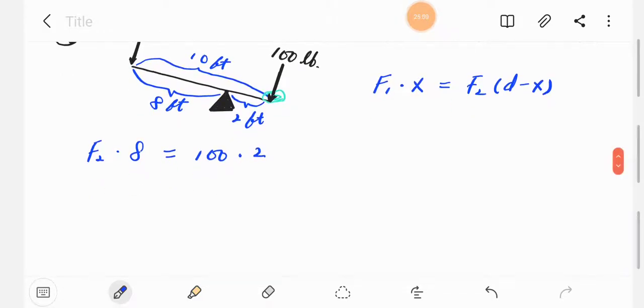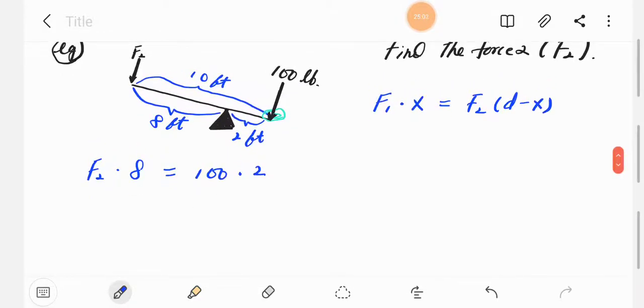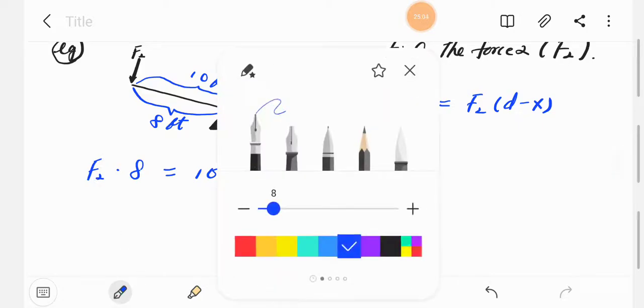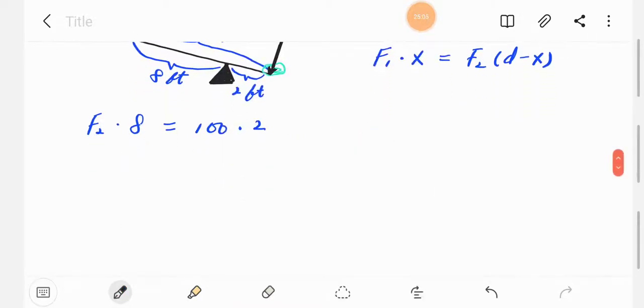We just use the equation and find F2. The left-hand side is 8 times F2. Since we have 8 in the numerator, we need 8 in the denominator to get rid of it.